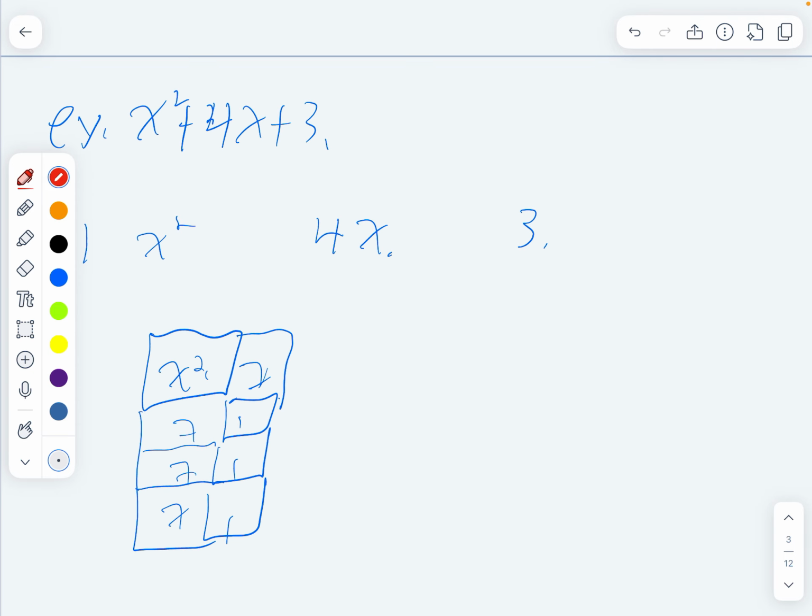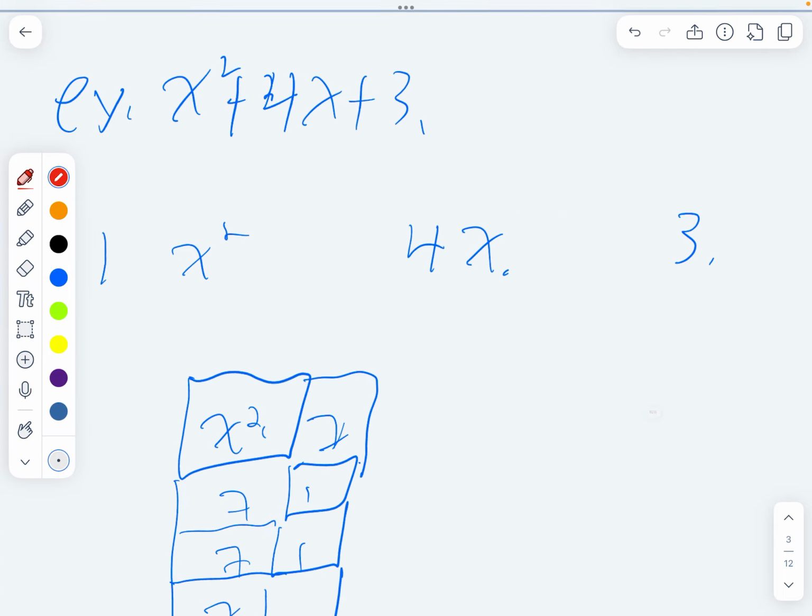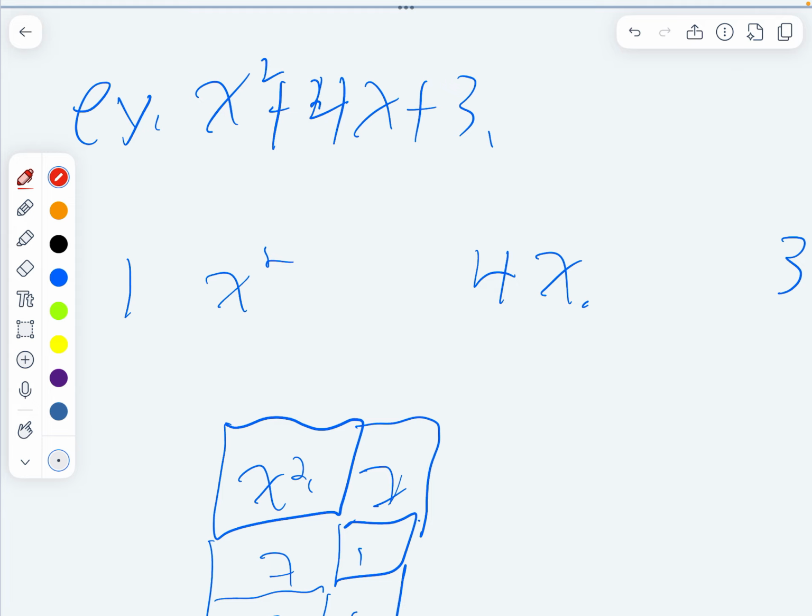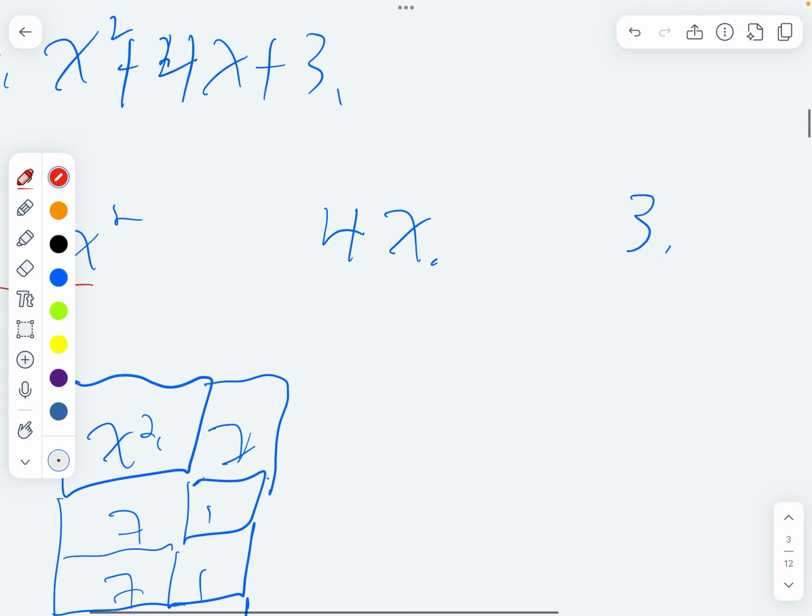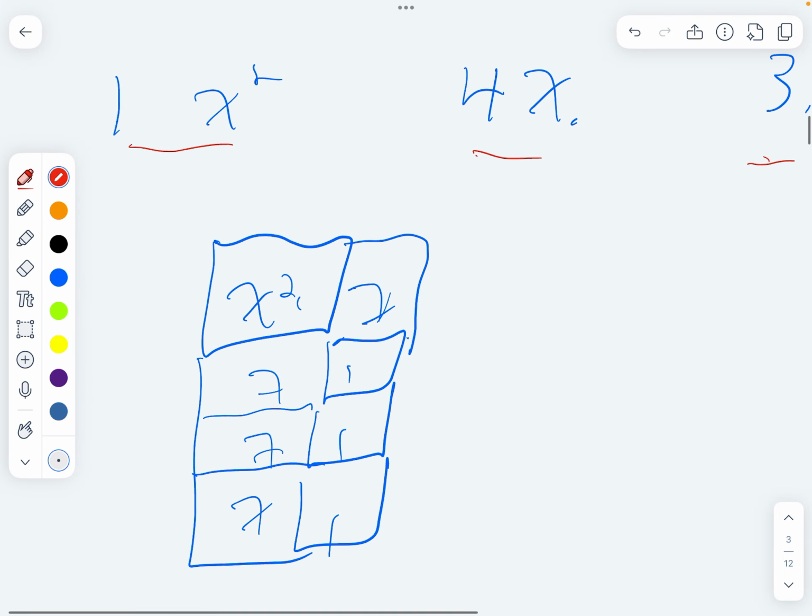x squared plus 4x plus 3. First we draw the x squared, then the 4x, then the 3. We draw the big square for x squared.